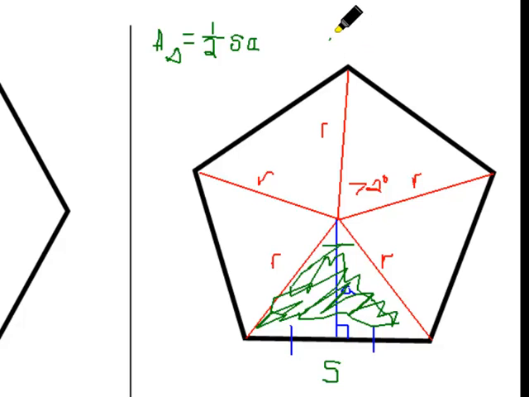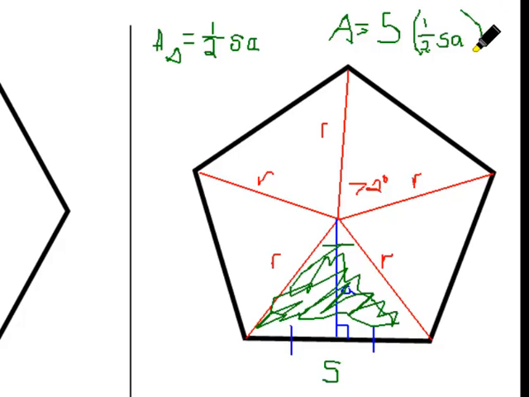And so what I would do to find the area of the whole thing, okay, I'm not going to put a symbol at the bottom because it's total area. I would take 5 times that 1/2 SA. And we are almost to the formula.